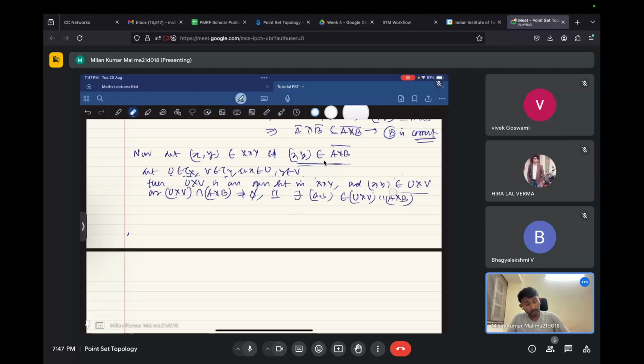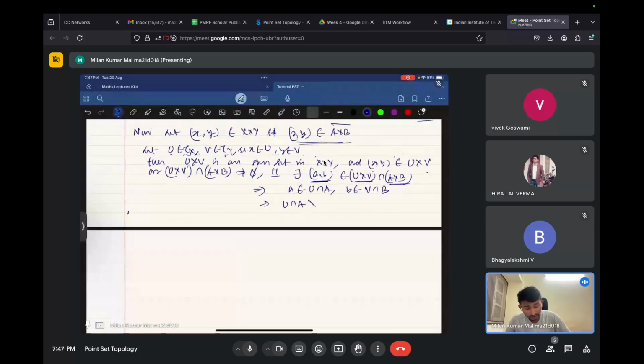Here, this is not bar, this intersection A cross B. That means a belongs to U intersection A, b belongs to V intersection B. This is ordering. (a, b) sitting inside U cross V means a is in U, b is in V. Again (a, b) sitting inside A cross B means a is in capital A, b is in capital B. So that means U intersection A is non-empty and V intersection B is non-empty.